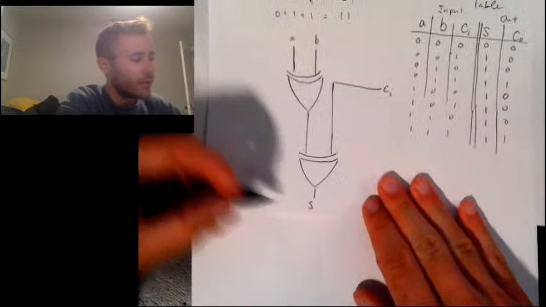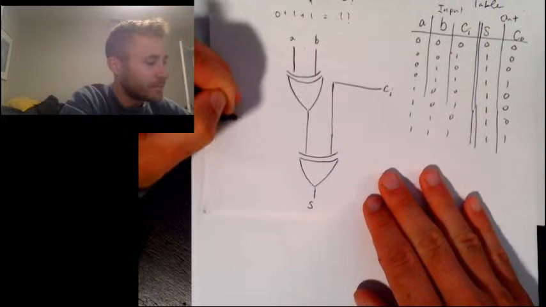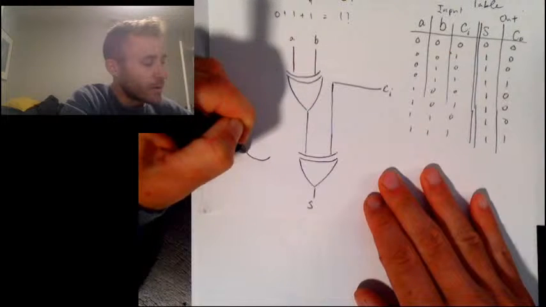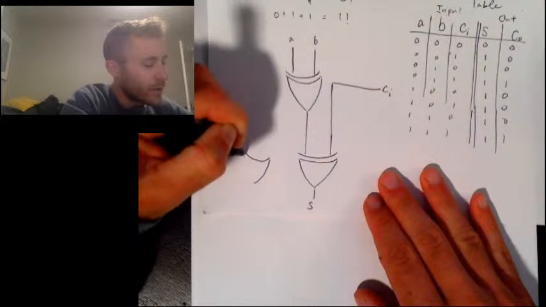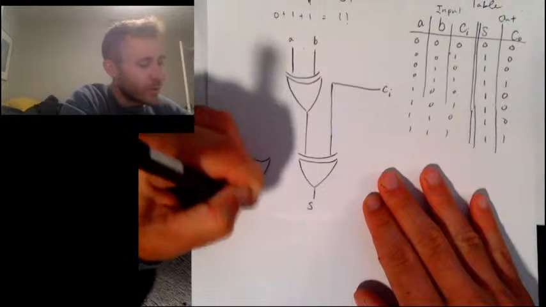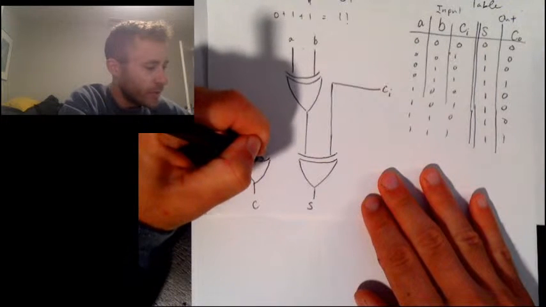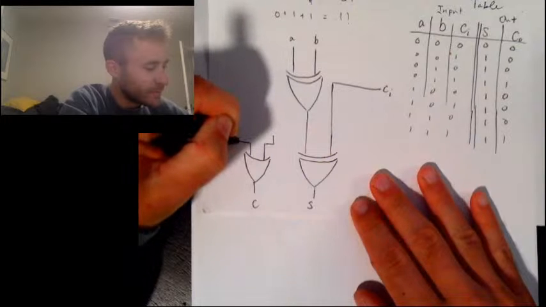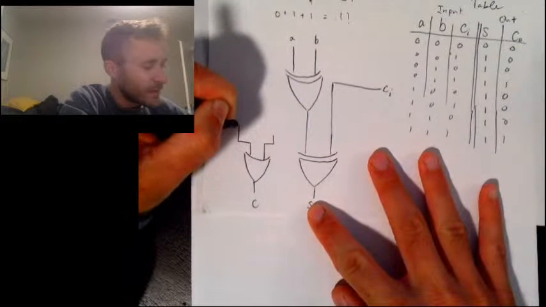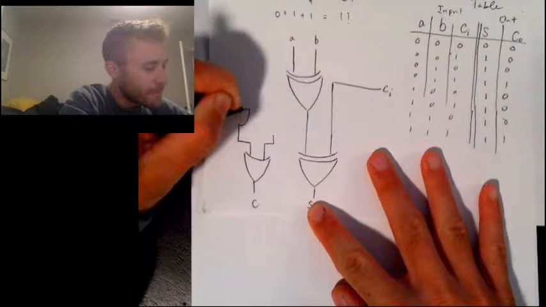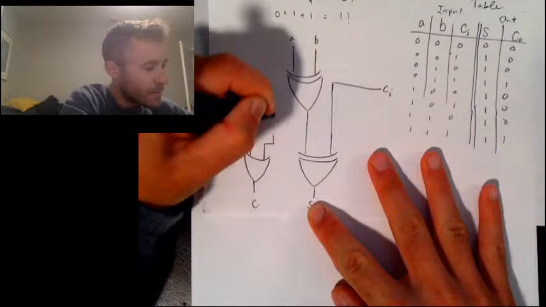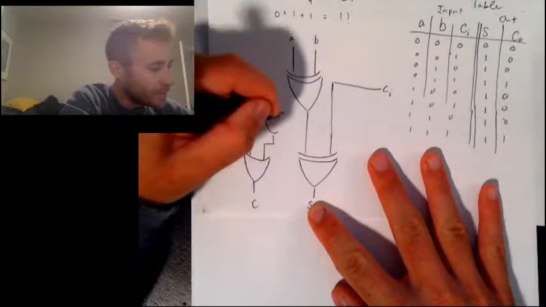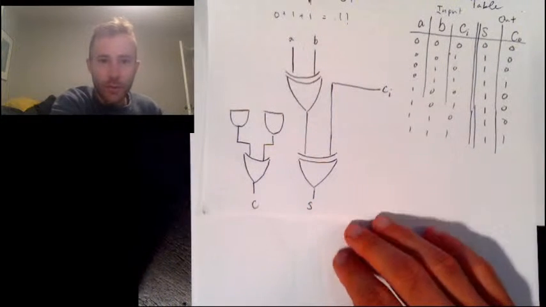And then we have to do the carry bit. The carry bit is going to be an OR of two ANDs.